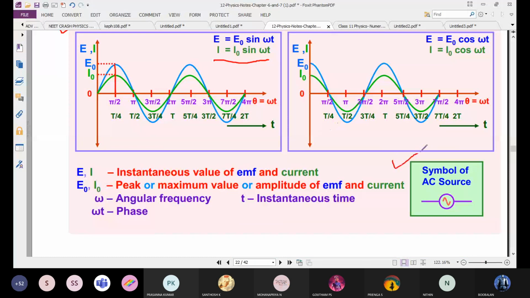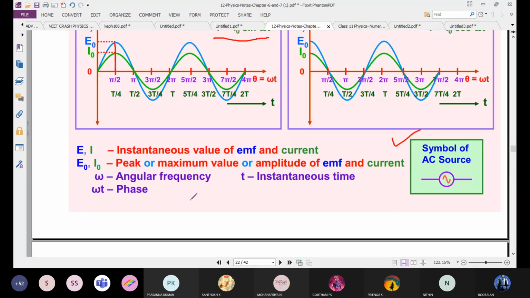So this is the symbol of AC. You can mention one round and one small up down. So omega means angular frequency. Omega t, that is the base value.